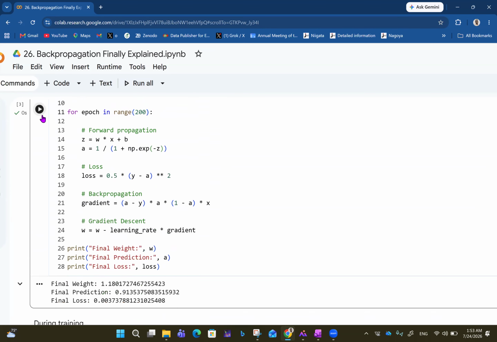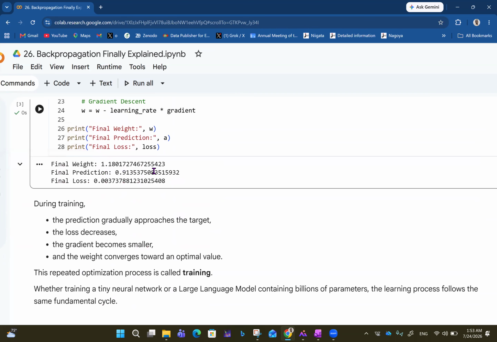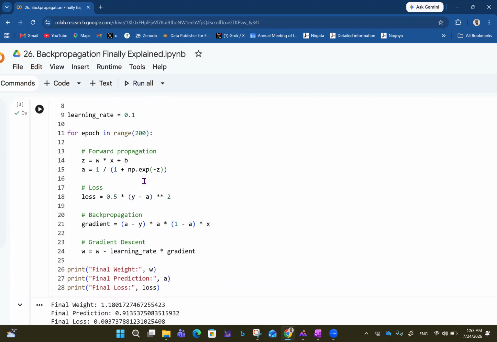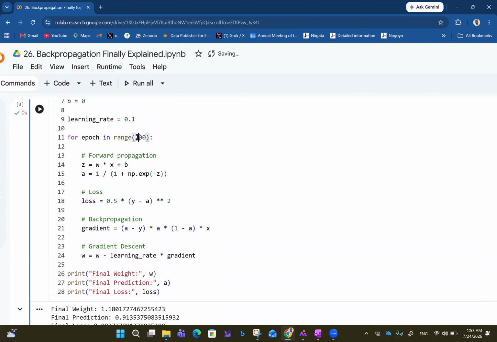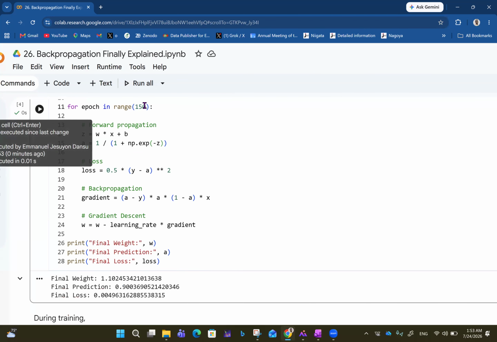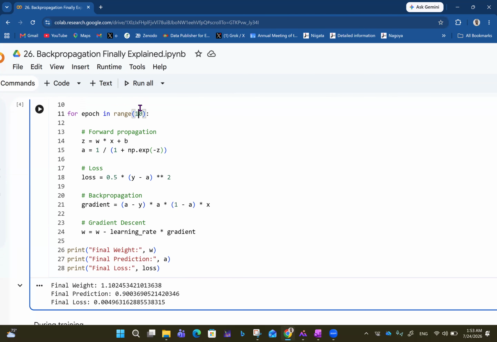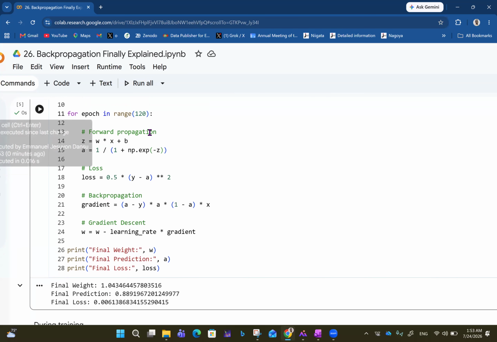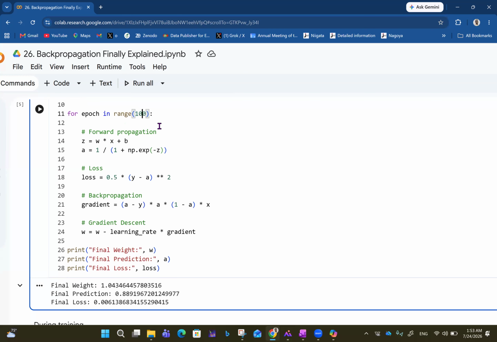So I run this. Oh, it is even already overshooting. So that also tells us something. So maybe 150 will do the job. Okay. Yeah. So around 120 we should be good to get that one. But you see already 100 iterations is giving us 0.99.